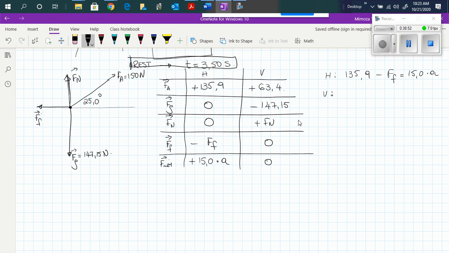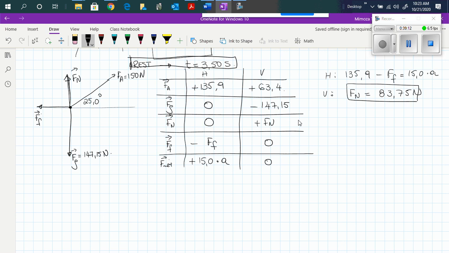And from the vertical, what we have is force normal is 147.15 minus 63.4, which equals 83.75 newtons.